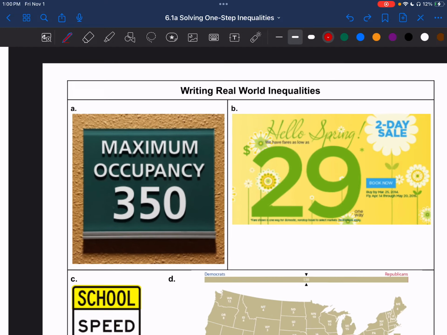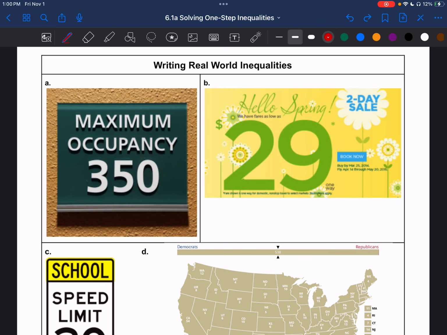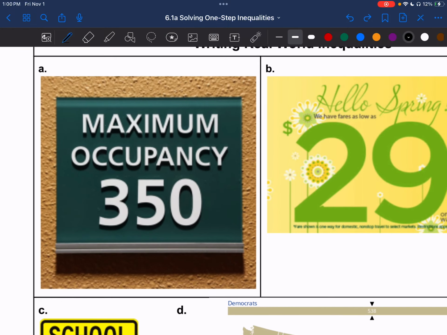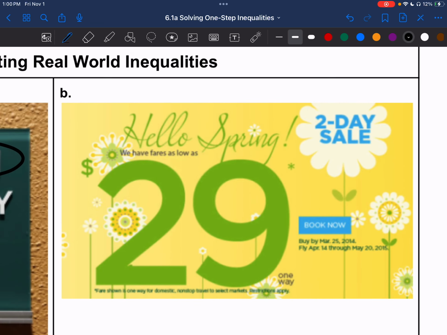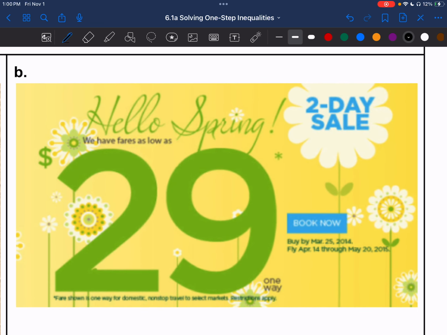All right. Last section is to apply real-world scenarios. So in this section, first off, we have maximum occupancy. Maximum tells us that is the most. So our occupancy has to be less than or equal to 350 people. Letter B, we have some sort of airfare sale.